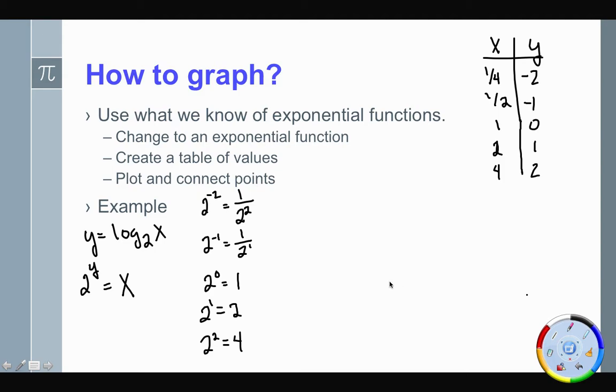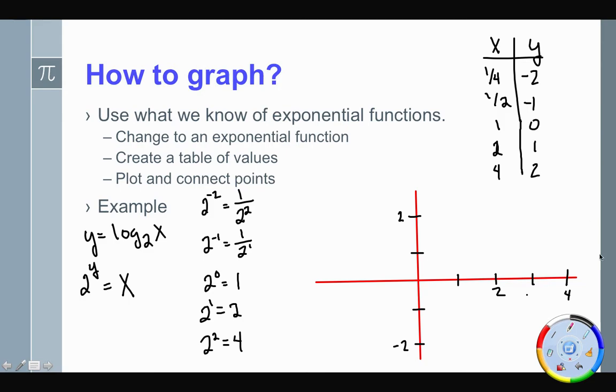Now, we are going to create some axes, and we're going to figure out what this looks like as a graph. So our x values go from 1/4 all the way out to 4, so I'm just going to go by ones, that'll fit. And our y values go from -2 to +2.